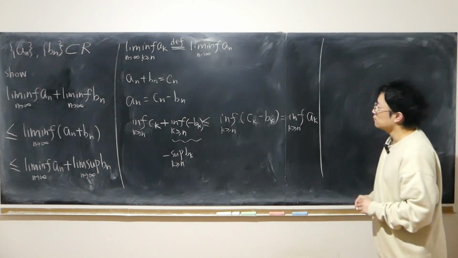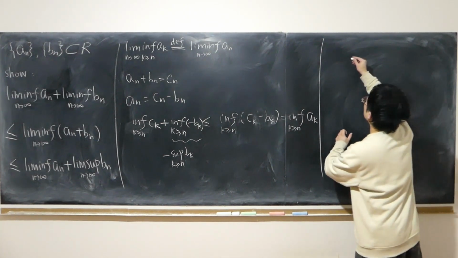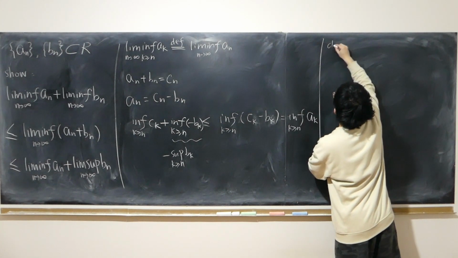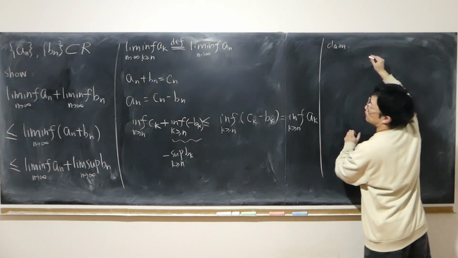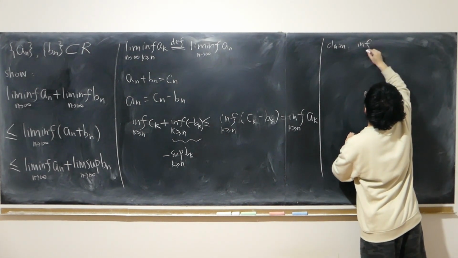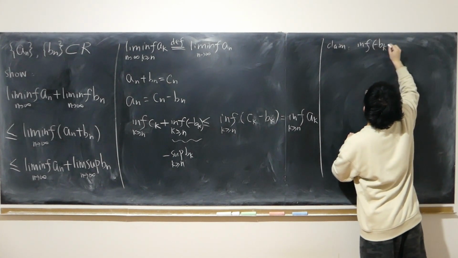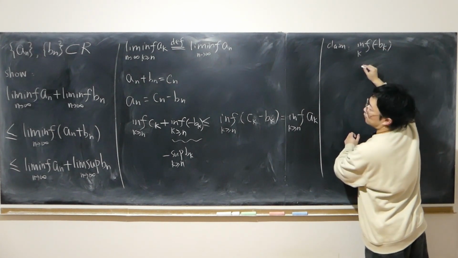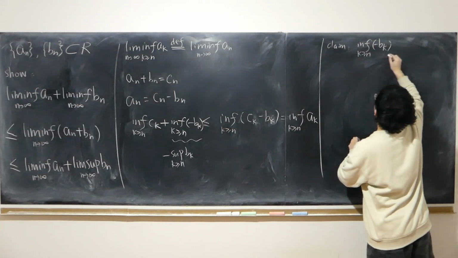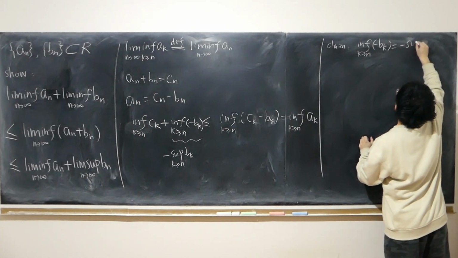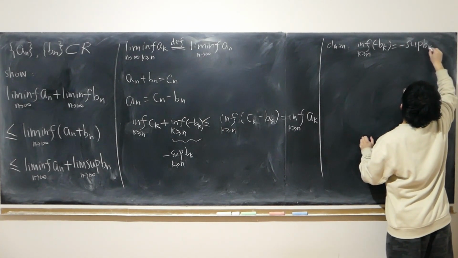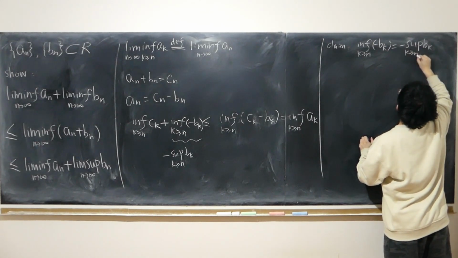Now, first of all, how do we know that? How do we know? Infimum negative Bk, K, is equal to negative supremum Bk. Okay?